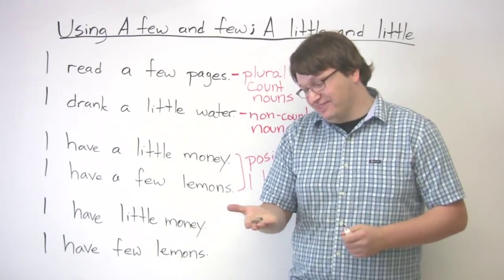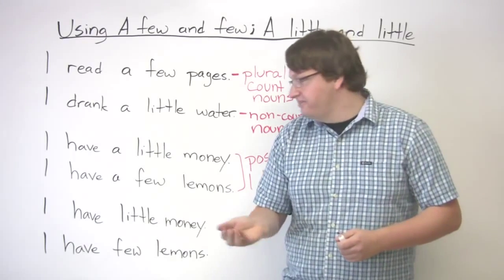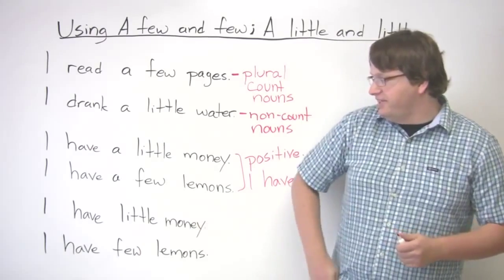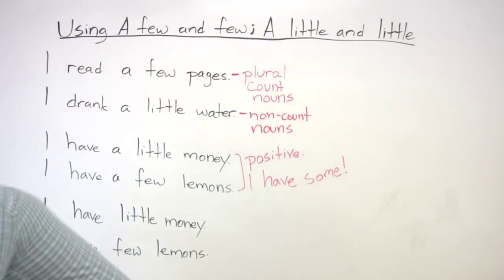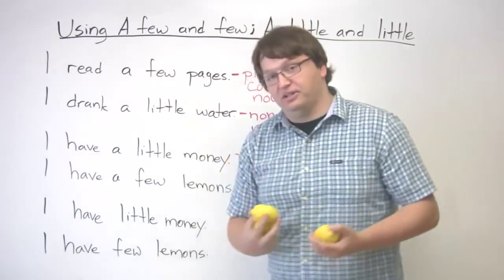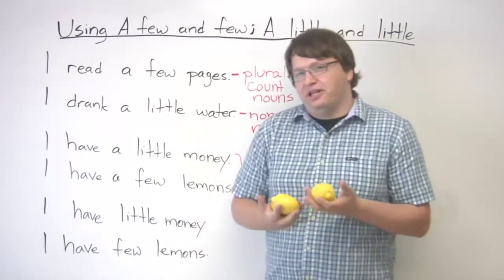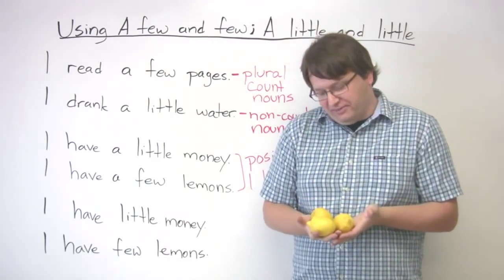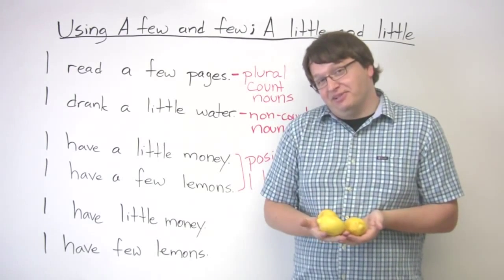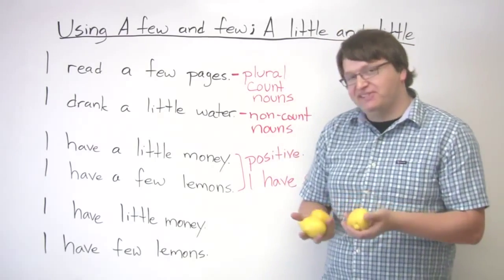I have little money, not a lot. Just like if I say I have few lemons instead of a few lemons, I don't have a lot of lemons, I only have 3 lemons. I wish I had 6 lemons, but I don't, so I'm very sad.